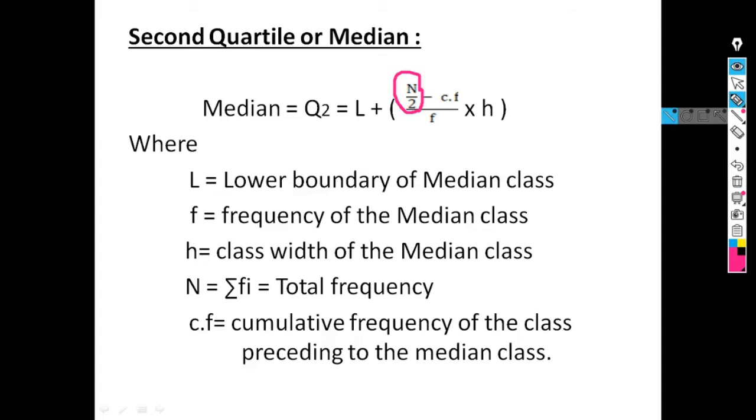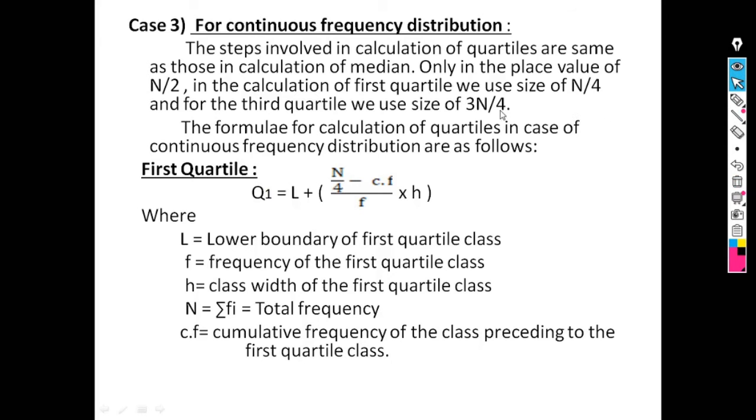Here we use the same formulas for Q1 and Q3. Just instead of n by 2, for Q1 substitute n by 4, and for Q3 substitute 3n by 4. That means Q1 is the size of n by 4 and Q3 is the size of 3n by 4.